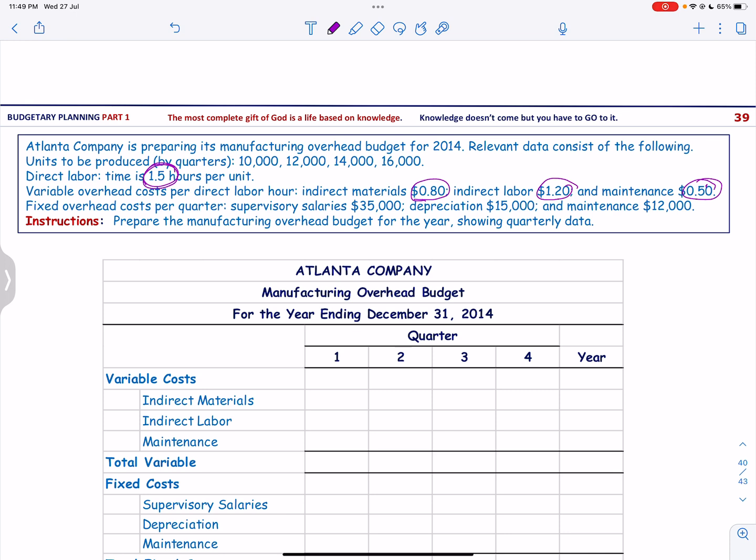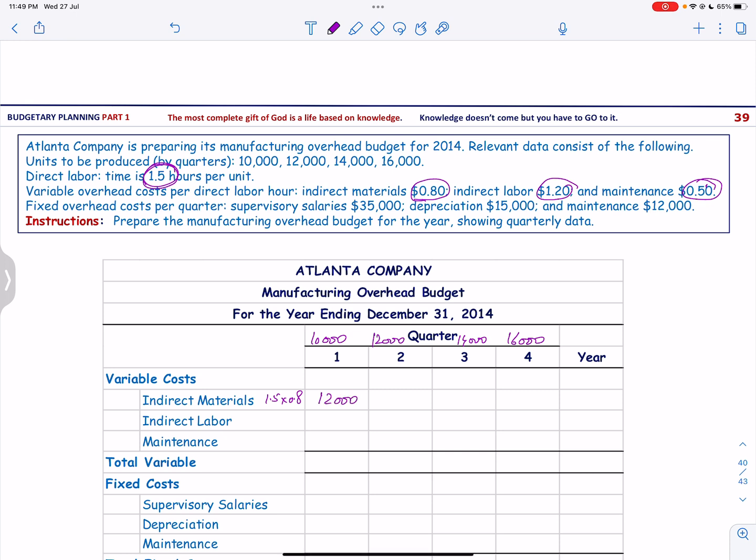So first of all, we are going to allocate the indirect material, and the first quarter we have 10,000, second is 12,000, third is 14,000, and fourth is 16,000. So indirect material will be 10,000 times 1.5 times 0.8, which will be equal to 12,000.